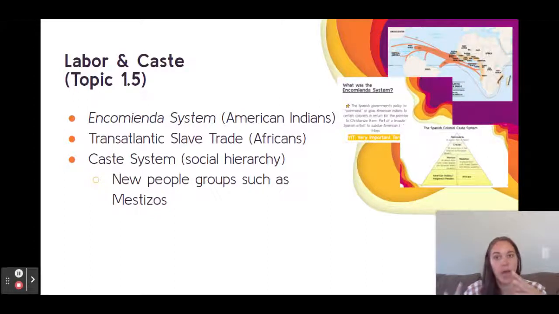As populations merged, often by force, we see groups of Spanish and American Indians, or Spanish and Africans, or combinations of those as years went on. So that caste system becomes a significant part of society in the Spanish Empire.